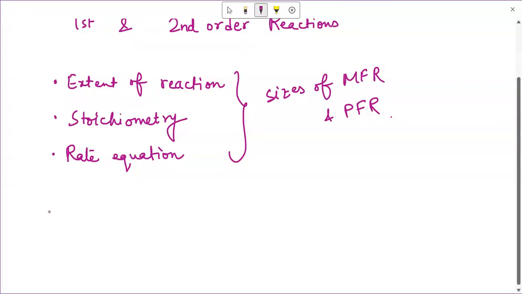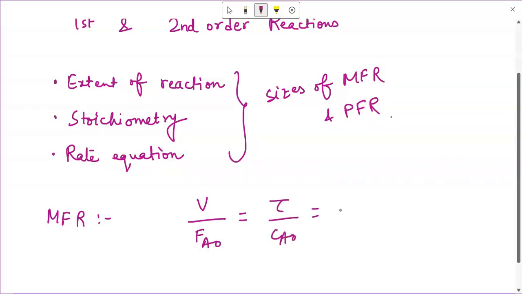For the mixed flow reactor, the performance equation was given as V/Fa0 = tau/Ca0 = delta Xa/(-Ra) for any volume ratio.